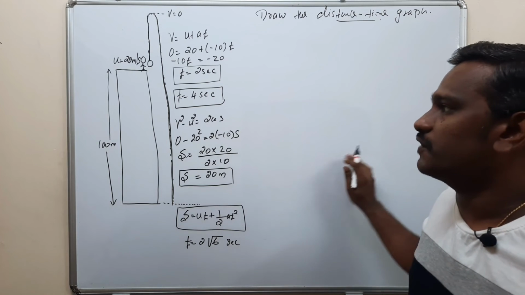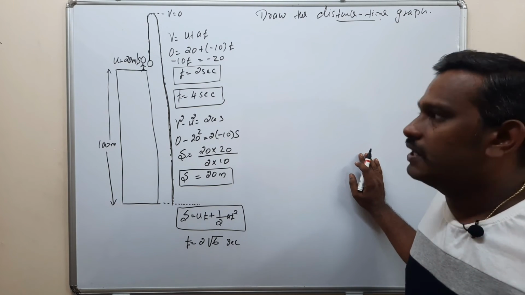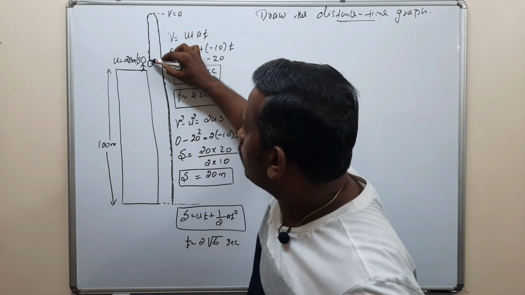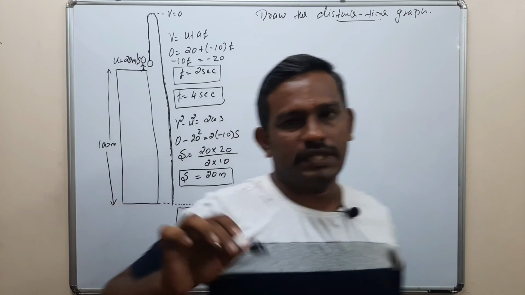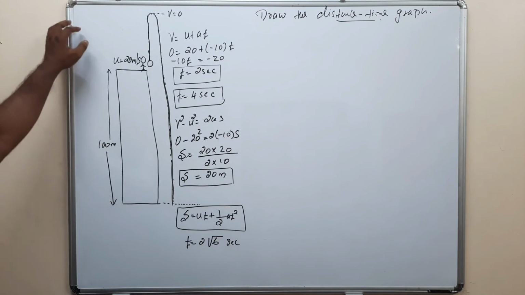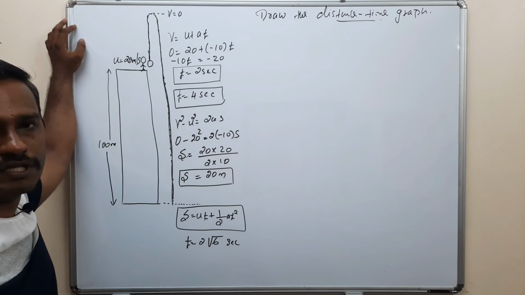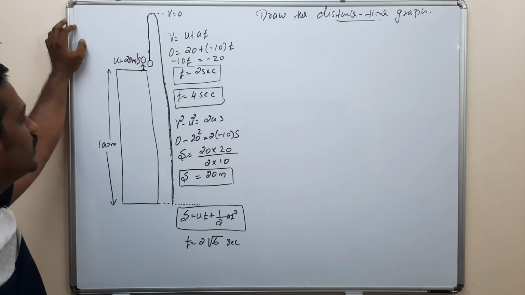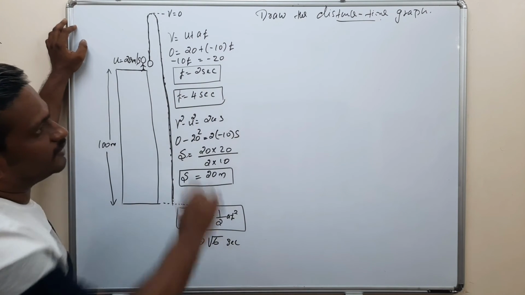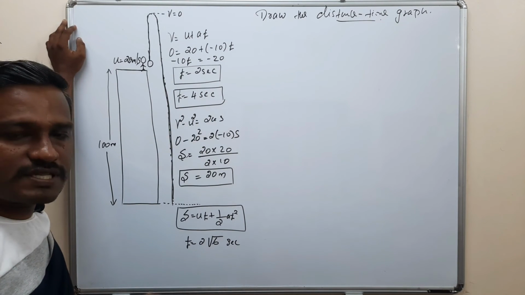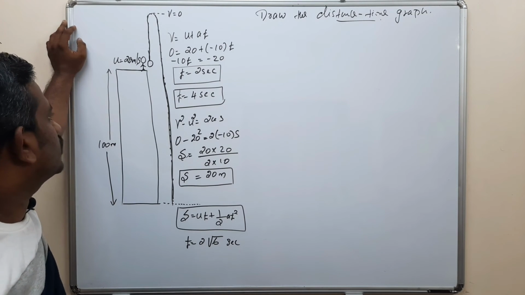In the previous case we drew the displacement time graph, where for the motion of the ball from this point to this point, the displacement is positive. When the ball comes down, the displacement is negative. But when you draw the distance time graph, distance is always positive, so according to that we have to draw the graph.